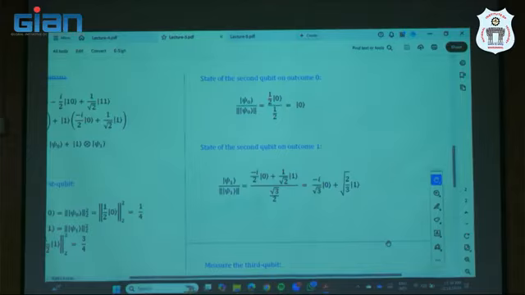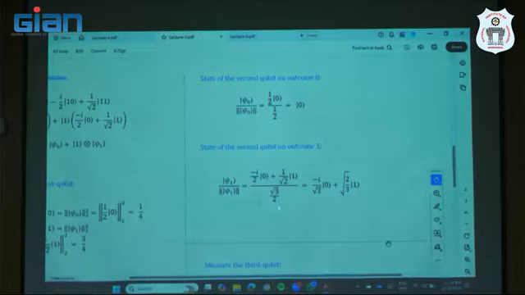The state on the second qubit, if we get outcome 1 on the first qubit, is this state psi 1, remember we had the state psi 1, this one here, divided by its norm. What was its norm? We calculated the norm square was 3 over 4, so the norm is the square root of that, which is square root 3 over 2.